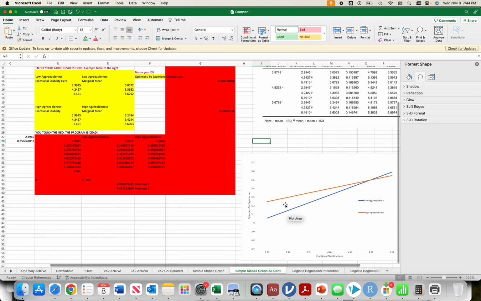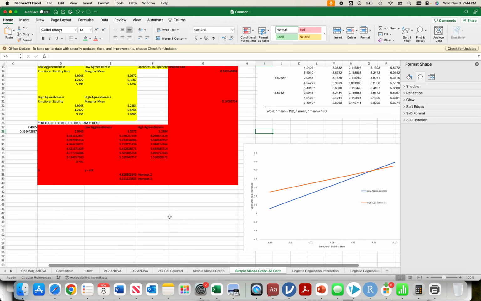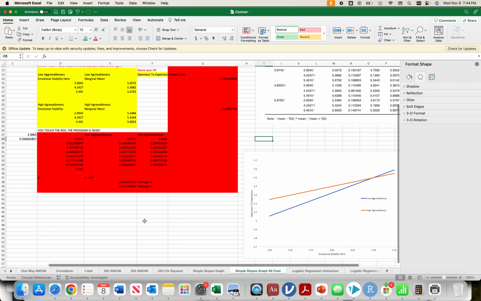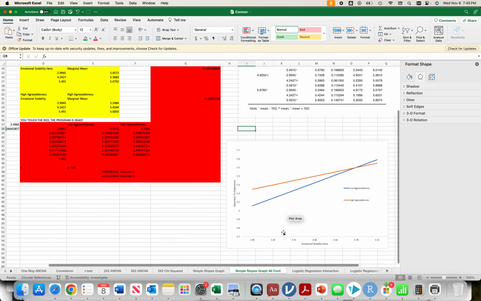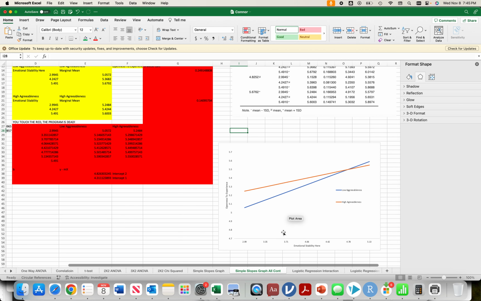And it kind of magically worked for us. You know, there we go. That is all you need to do to get your multiple regression slopes.